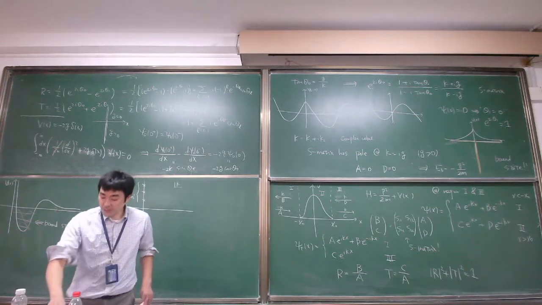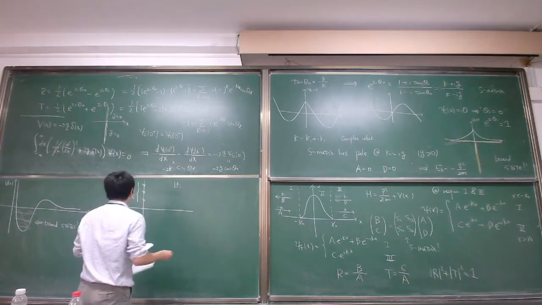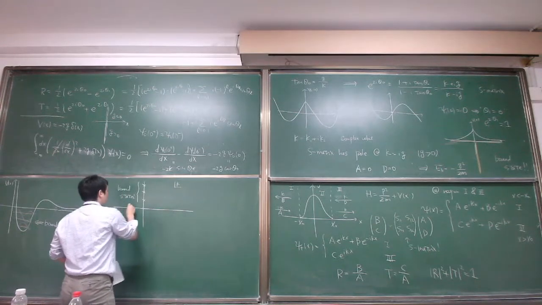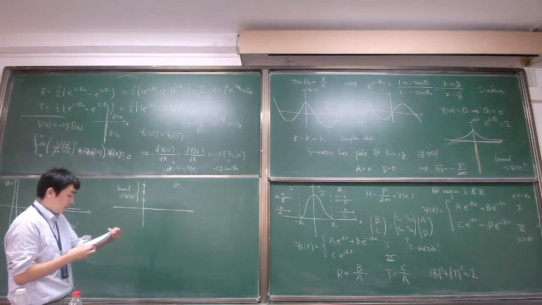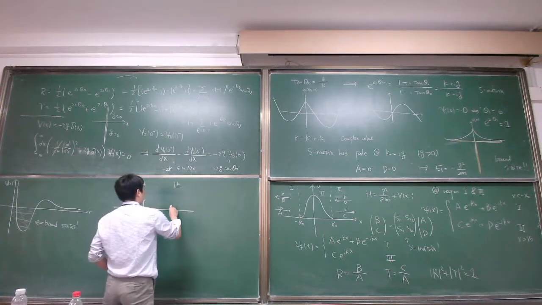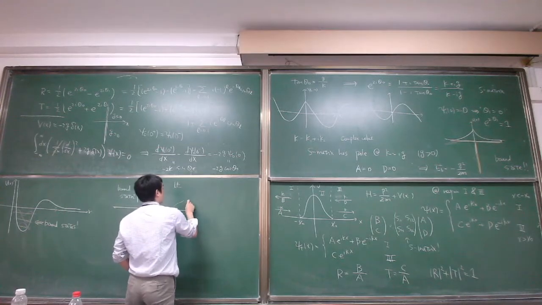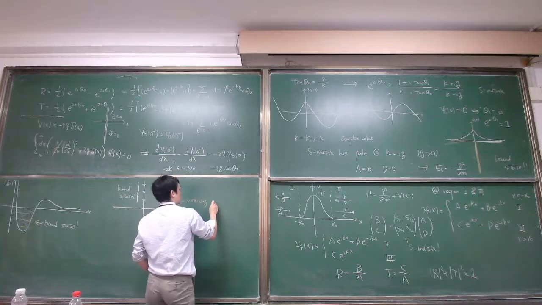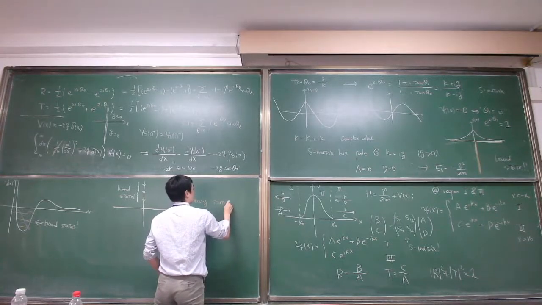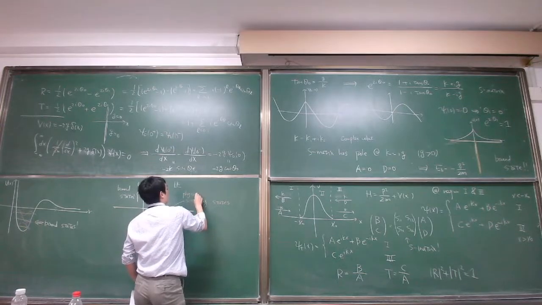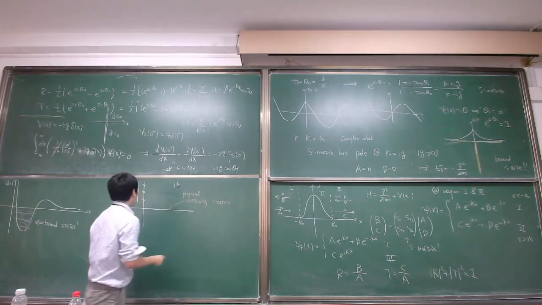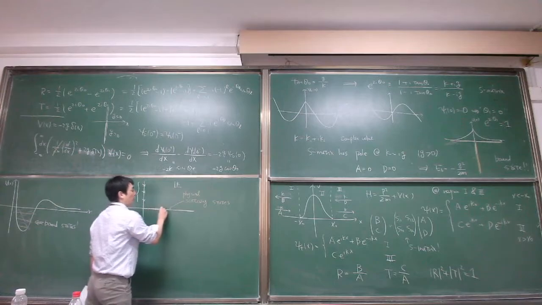Then the physical scattering states always appear on the real axis.